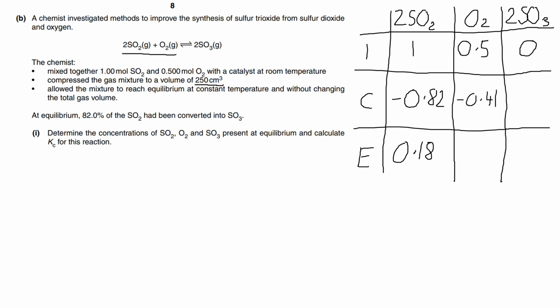Whereas the SO3, because it's a product, must have gone up, and it must have gone up by the same amount that the SO2 went down, so that's plus 0.82. So that leaves you with 0.09 for this one, and 0.82 for this one here. Now these are the equilibrium moles in 250.